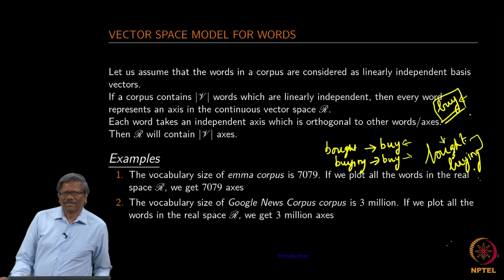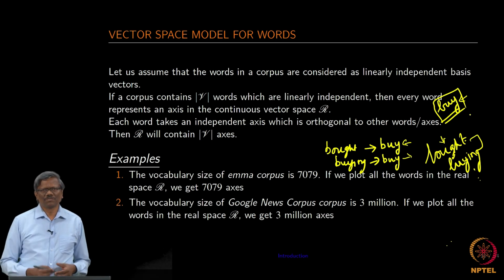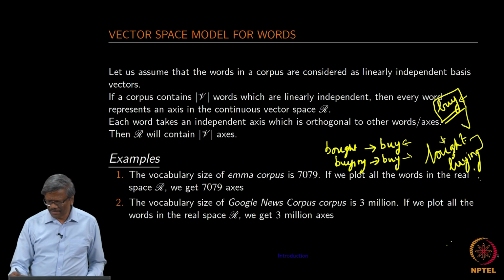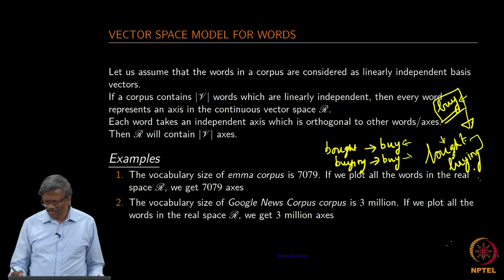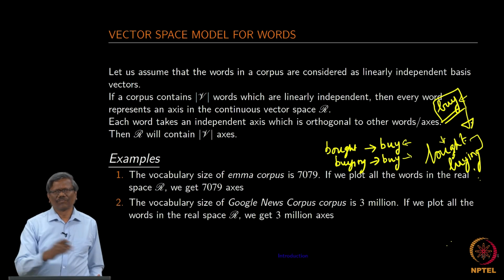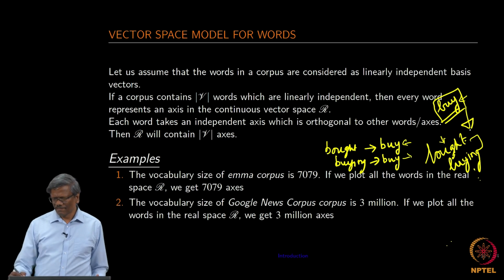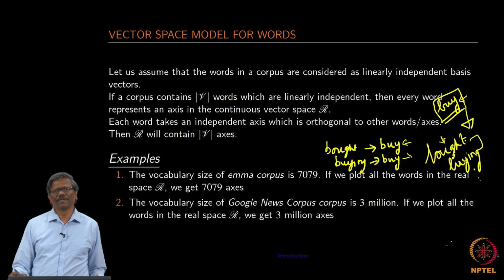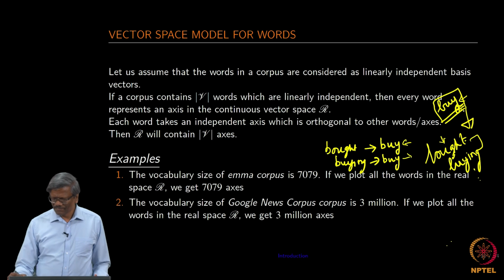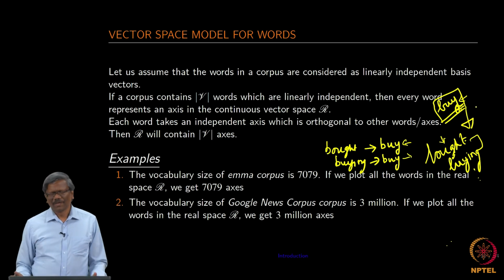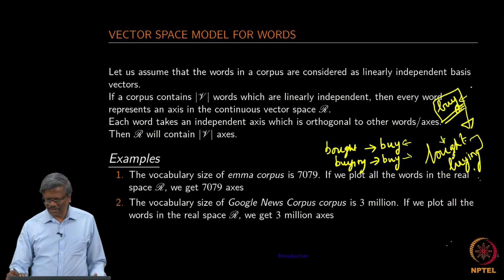So, what are the ways? Is it possible for me to use some vector space model to find the distance between buy and bought and buying? If they are close enough, bring all the words that are close enough to buy and then get those documents where those words occur, right.